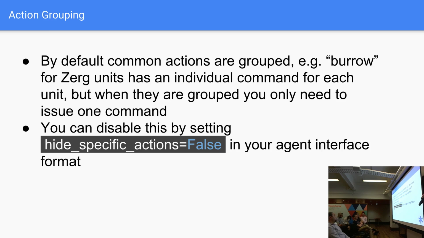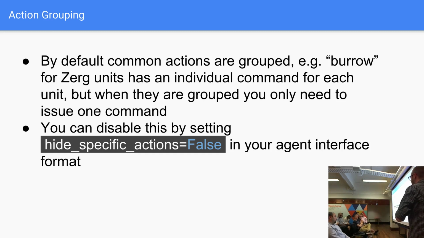But instead of having to say, hey Zergling, burrow, and hey Hydralisk, burrow, you just say burrow, and then it issues the Zergling burrow and the Hydralisk burrow. So that's how it groups it together, and that's kind of where some of the quirks come into it. So there's actually a list of actions in the actions.py file, and they have two arguments. If they've got the second argument, that means they're grouped into another argument.